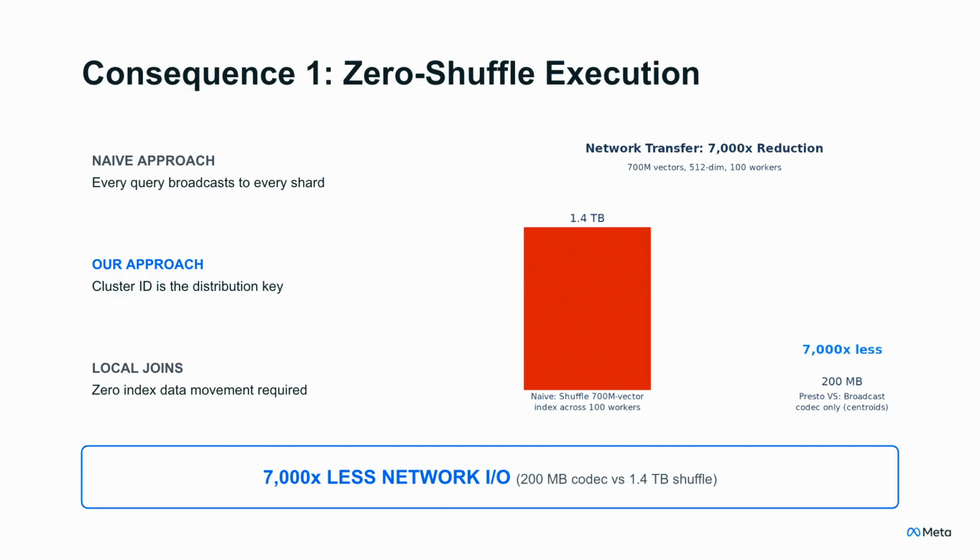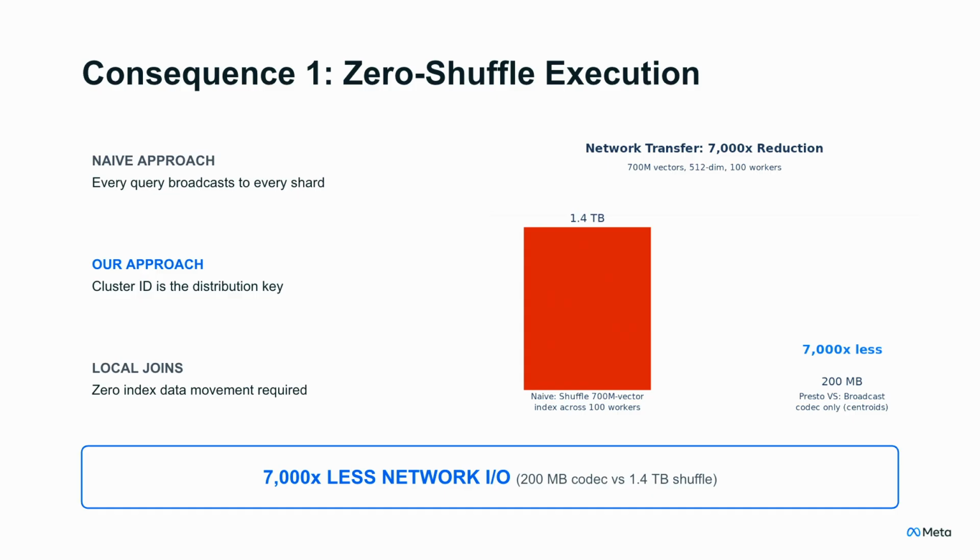If you have a very large table, and you want to partition your table into many centroids, if you have to shuffle, that's terrible. But because we partition both the query table and the candidate table using the cluster ID, the query becomes local.